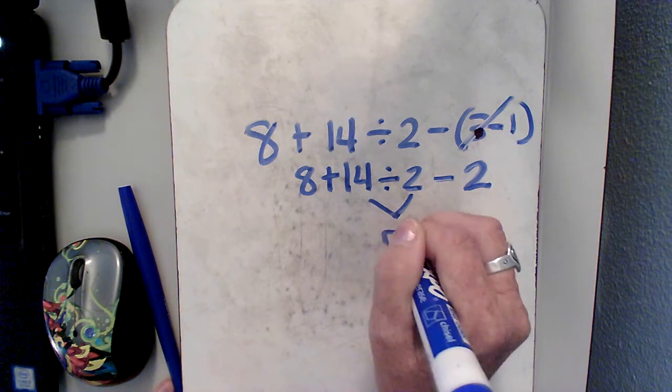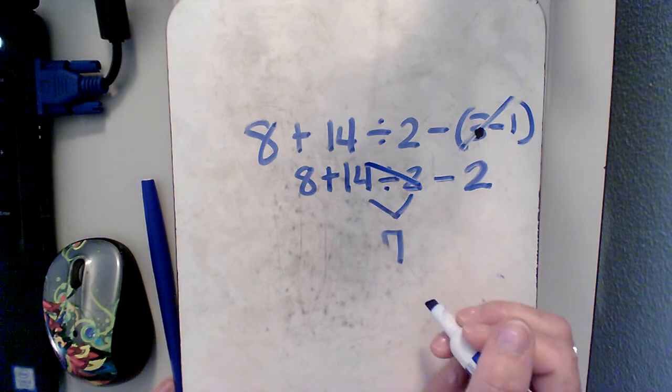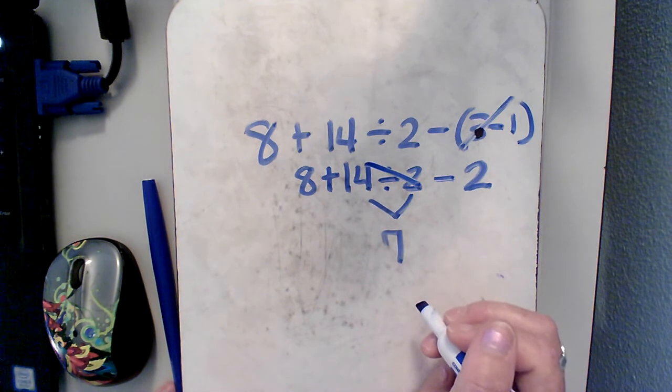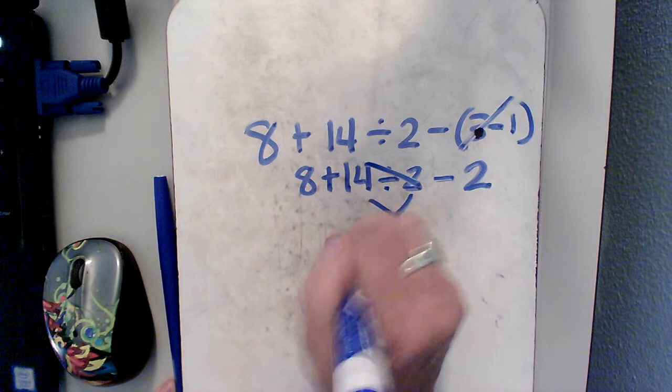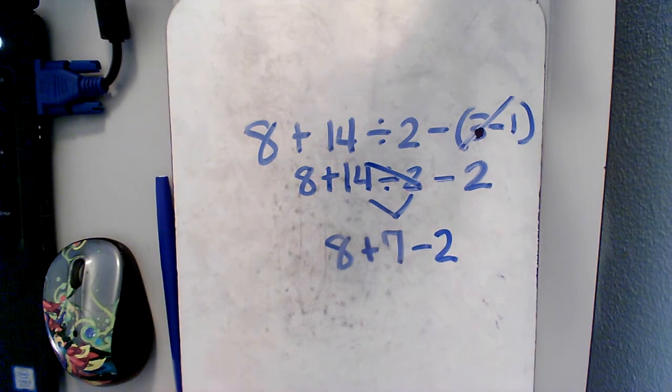Excellent. Okay, so now we have 14 divided by 2. We can cross that one off. What do we do next, Kelsey? Bring everything down, right? So now we have 8 plus 7 minus 2.